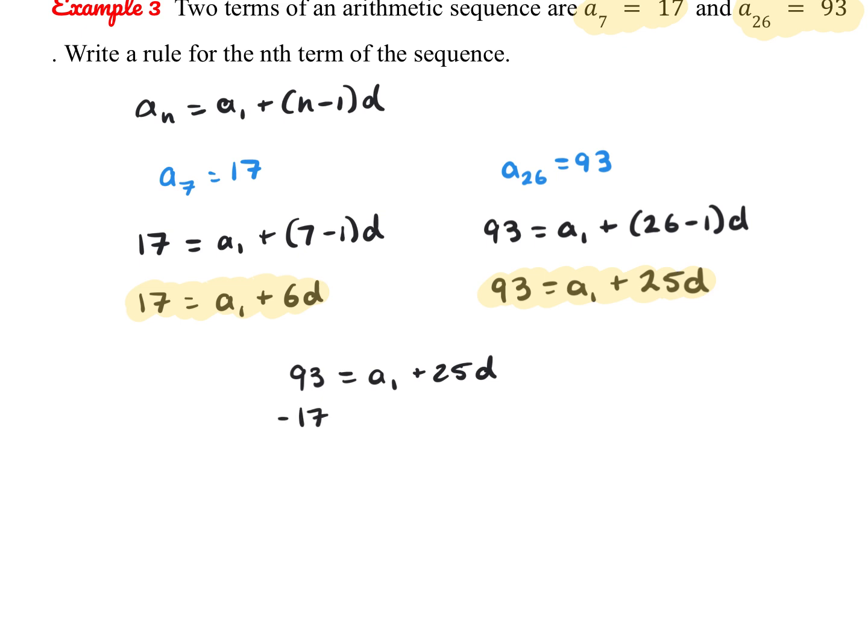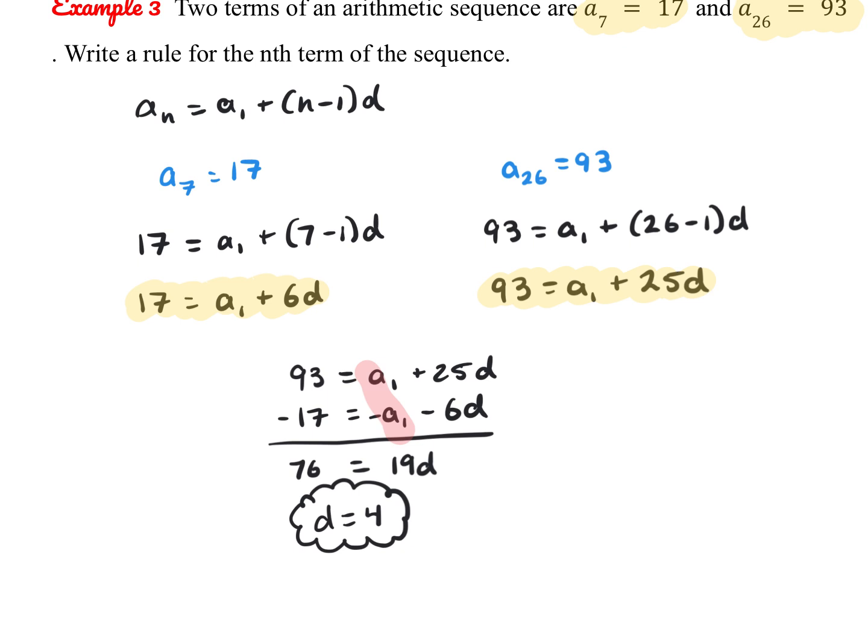So -17 equals negative a sub 1 minus 6d. And then from here, if I add vertically, you'll see that my a sub 1 term is going to eliminate, just leaving me with d. So I have 76 equals 19d. So then I can find that d is equal to 4.